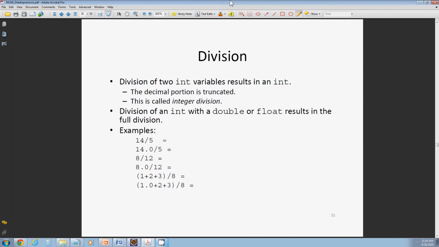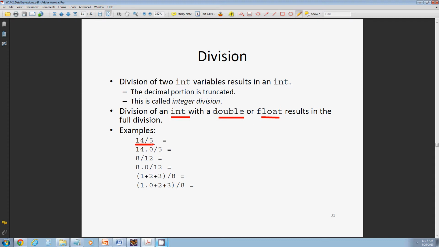So again, if you have two int variables, division performs integer division, meaning the decimal portion is truncated. If you have division of two doubles, two floats, or one int with a double or an int with a float, then you'll get full normal mathematical division. Okay, so it's important to look at what the type is of the two operands to know what type of division is going to be performed.